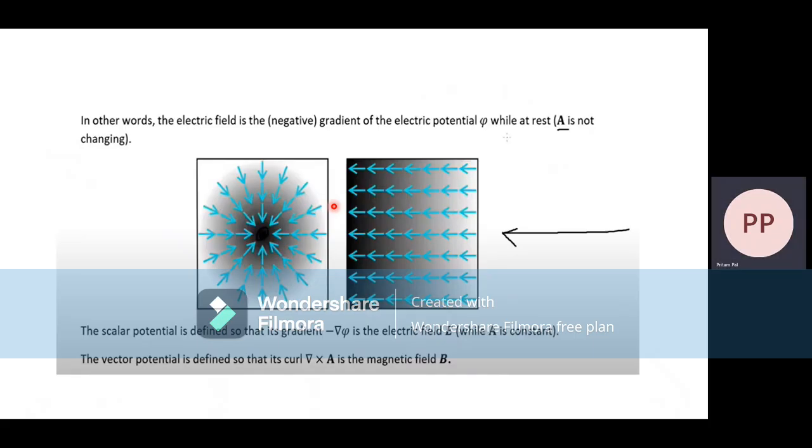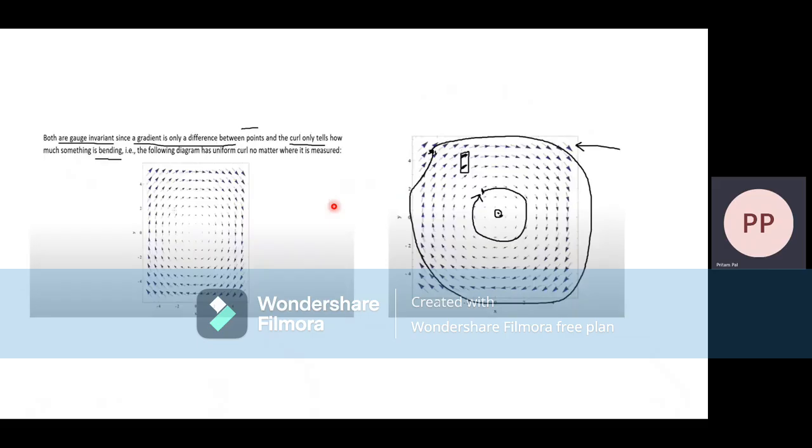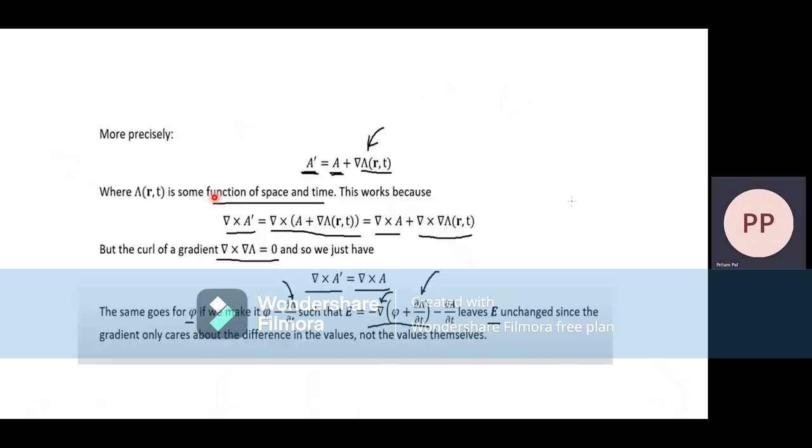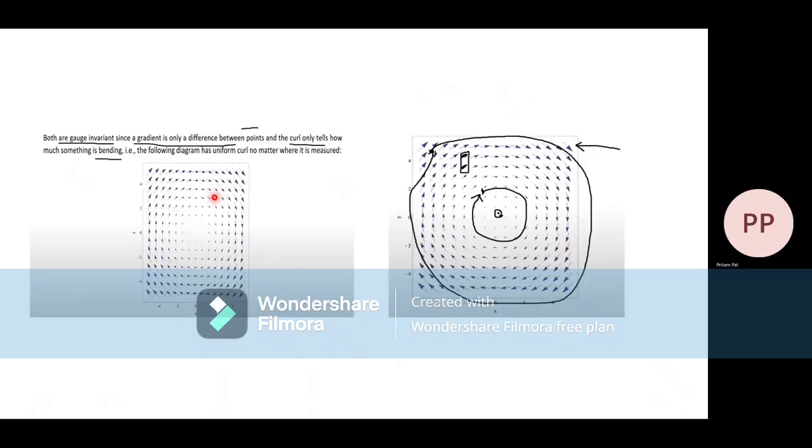So the electric field is defined as the gradient of the scalar potential, and the magnetic field is the curl of the vector potential.